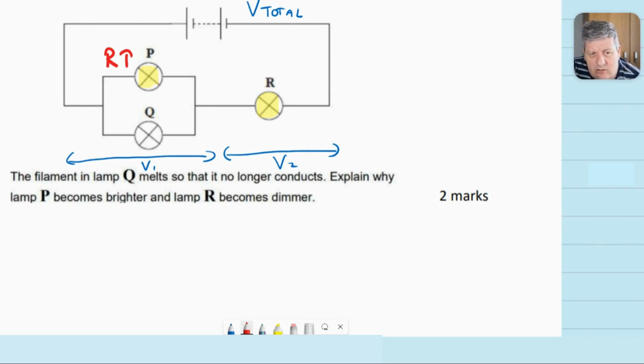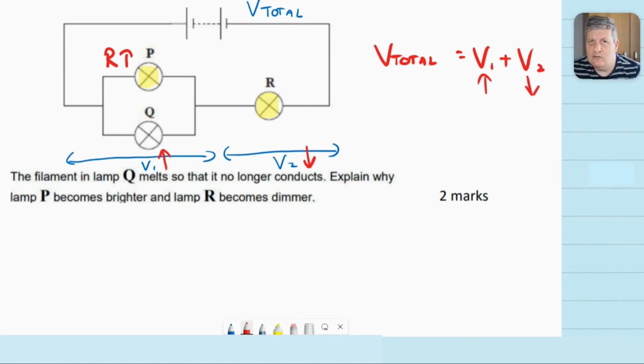So that's going to increase the potential difference across the left hand side of the circuit, and reduce the potential difference across the right hand side, because together V1 plus V2 have to add up to give you V total. And so if V1 is increasing, then V2 has to be decreasing with a fixed supply PD.